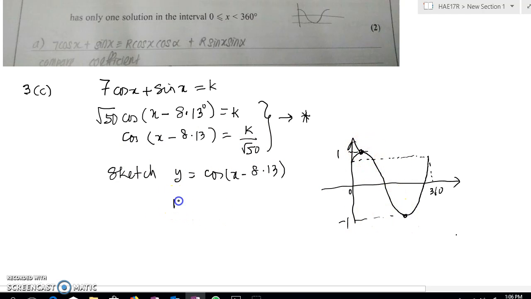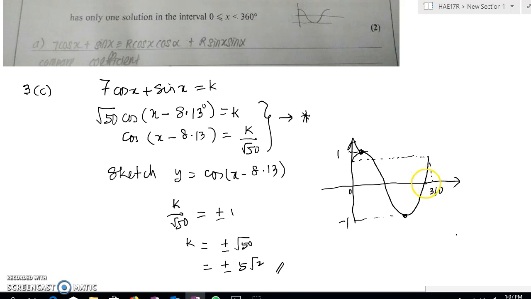So in other words, k over root 50 must equal plus minus 1. So k equals plus minus square root 50. Simplifying it further, square root 50 is actually 5 root 2. There you are. Those are the two values required for the equation to have one solution.